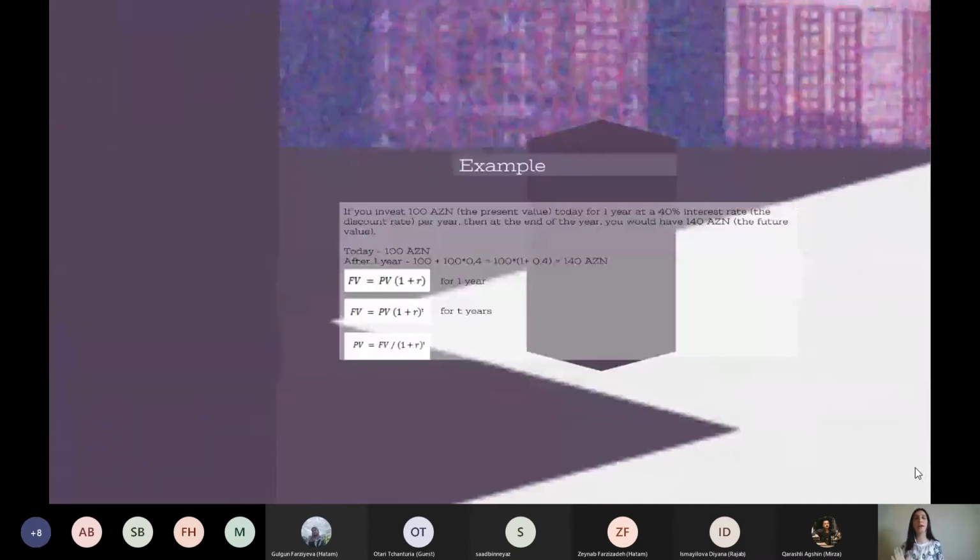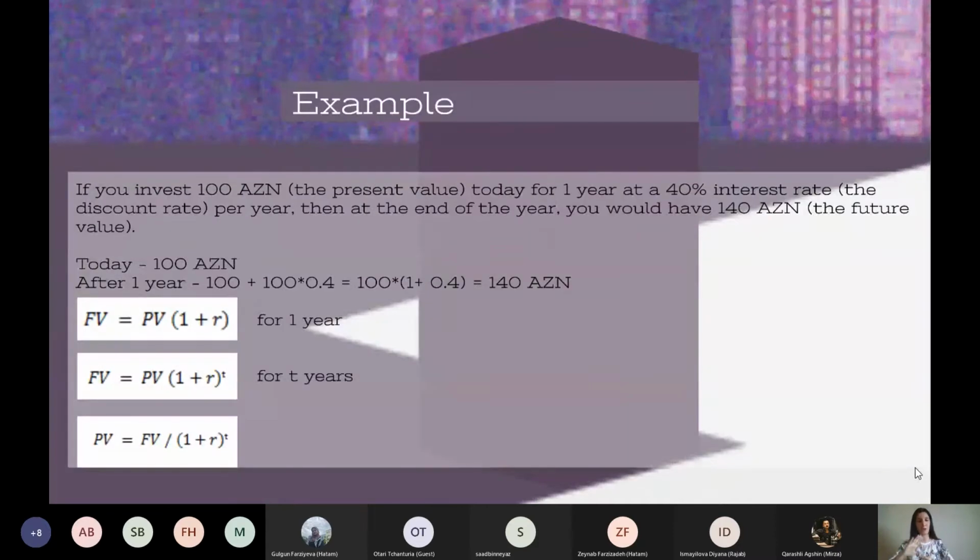So imagine you have 100 manats. In the first case, as I said, I will accept 100 manats, and I'm going to invest my 100 manats, which is my present value, today's value of money. So for simplicity, let's say I go to bank. I wouldn't do that, but let's say I go to bank and I deposit my 100 manats and they say our interest rate, which you will earn extra, is 40% per year.